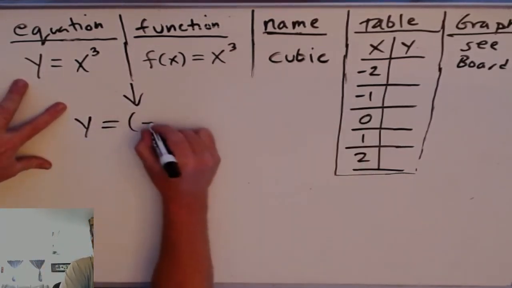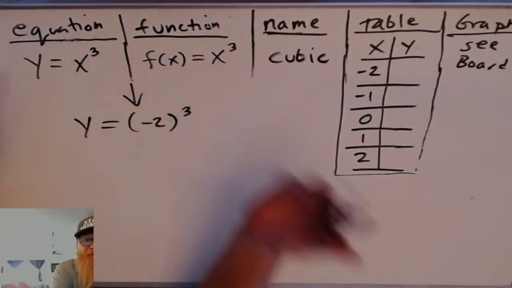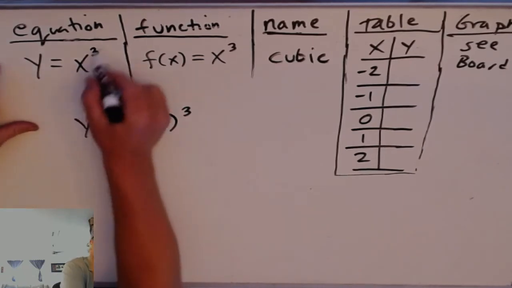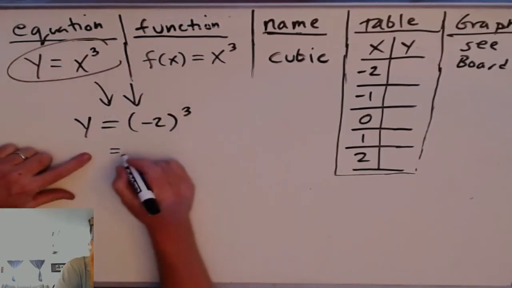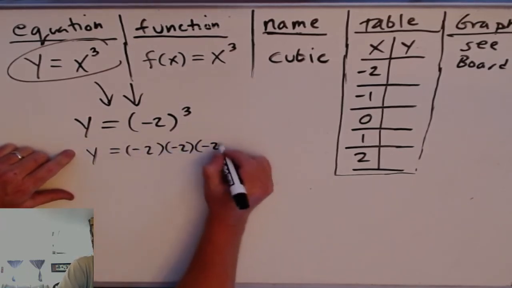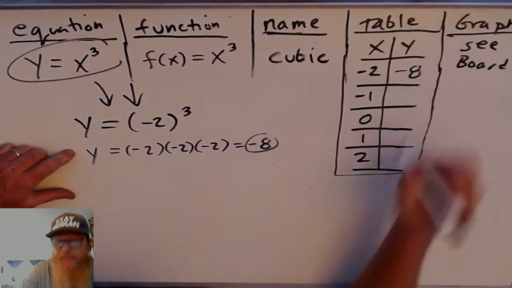Y is equal to -2 cubed. Or you could say f of x is equal to -2 cubed. I always think it's easier to just use the y. So y is equal to -2 times -2 times -2, which is -8.